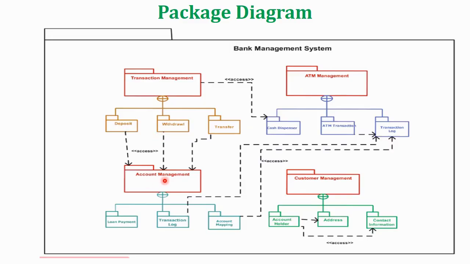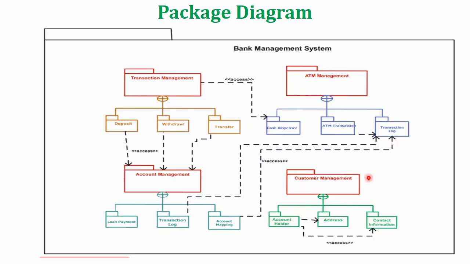The account management has loan payment, transaction log and account mapping. And the ATM management is one of the packages. Here it has cash dispatch, ATM transaction and the transaction log. Now the transaction log is accessed by the transaction log and account mapping of the account management.